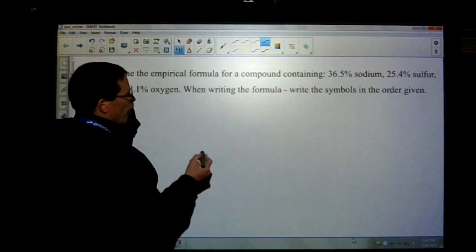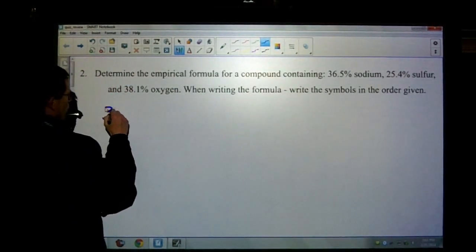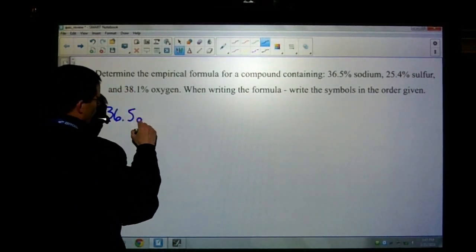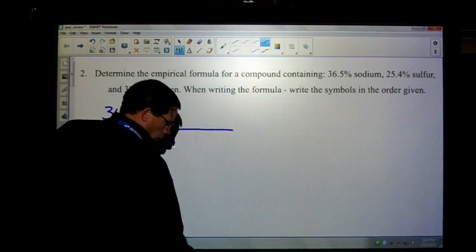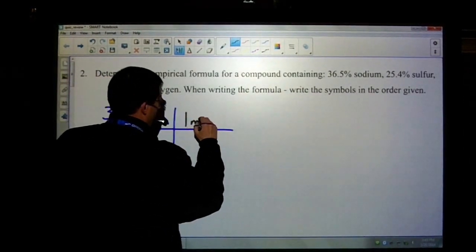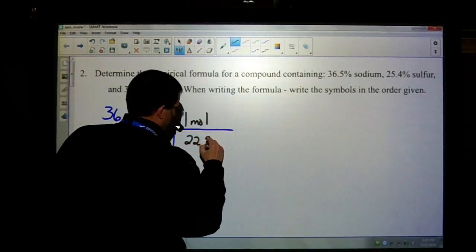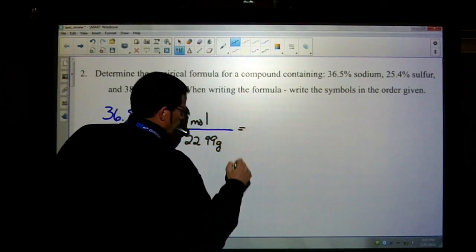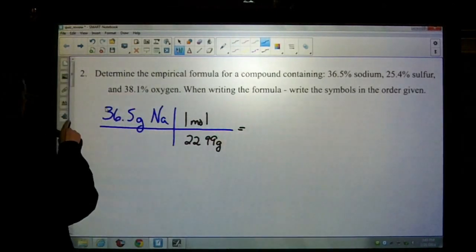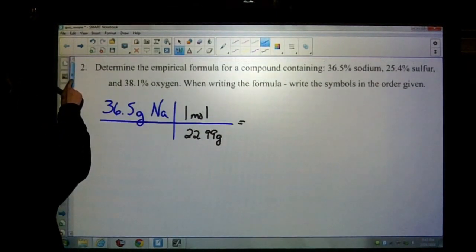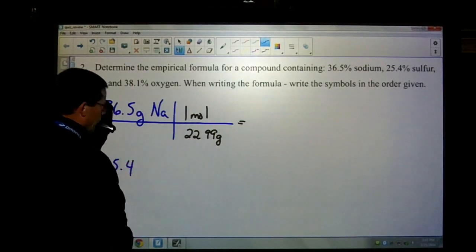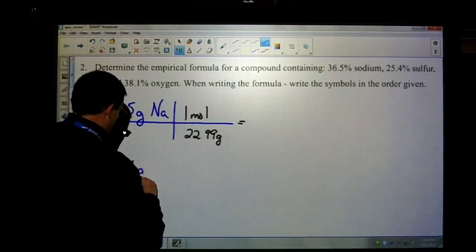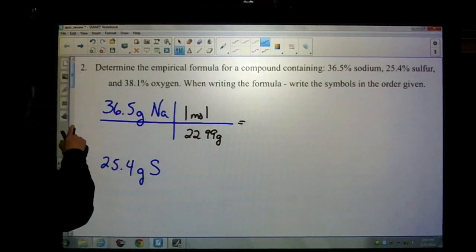So we have 36.5% sodium, so we'll go 36.5 grams of sodium. And the molar mass for sodium is 22.99 grams, and that's on your periodic table. We'll find out how much that is in a moment. We also have 25.4% sulfur, so we'll make that grams of sulfur.